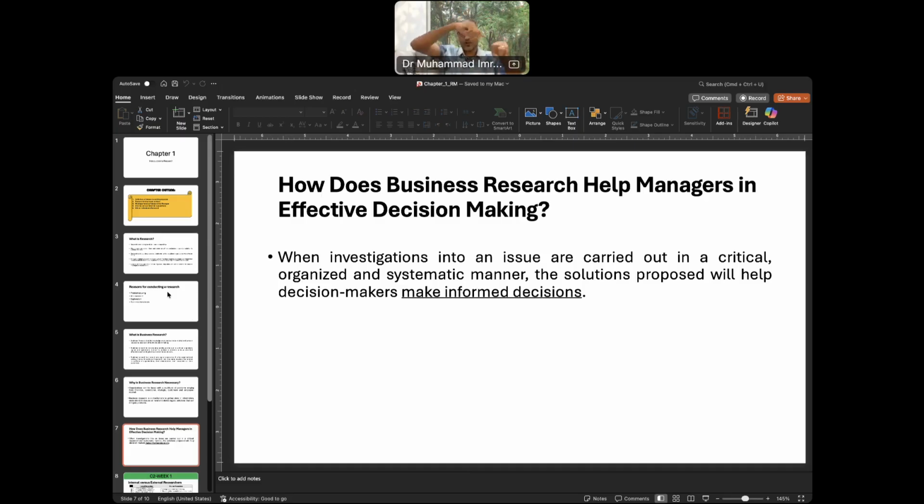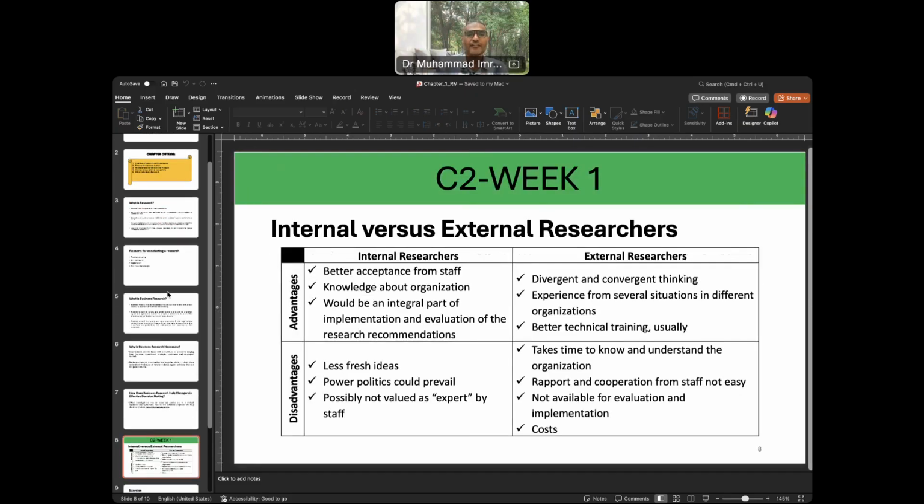So I list option 1, option 2, option 3, option 4, 5, and so on. And then I will choose the best one. That is called the decision-making process, and that is also called research. Business research is for making effective or right decisions. In an organized and systematic manner, the solution proposed will help make informed decisions. Hope you understand. I already explained it with a simple example here.